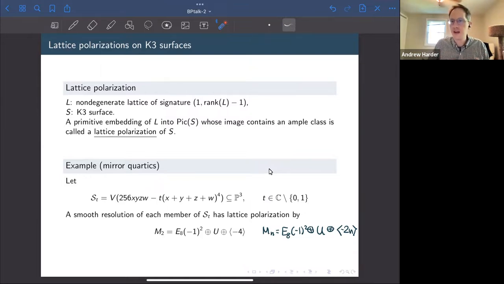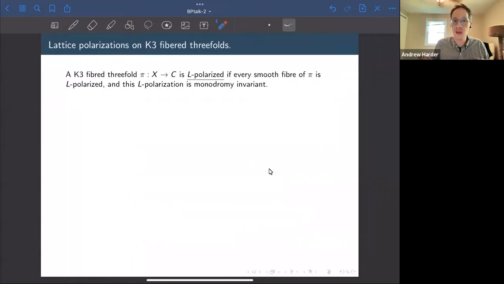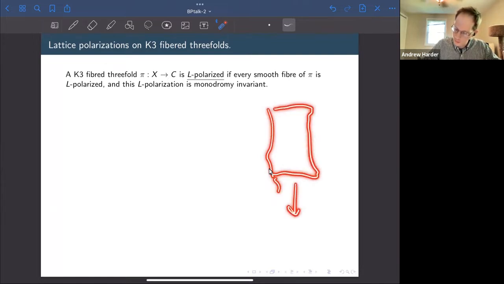And then we can talk about lattice polarization on a family of K3 surfaces. In fact, we can talk about lattice polarizations on a threefold. So I'll say that a K3 fibred threefold is L polarized if every smooth fiber of pi is L polarized. So if I take all the smooth fibers in this family, I have a map going down from some fiber space here to a curve C, and then I have these fibers in here.